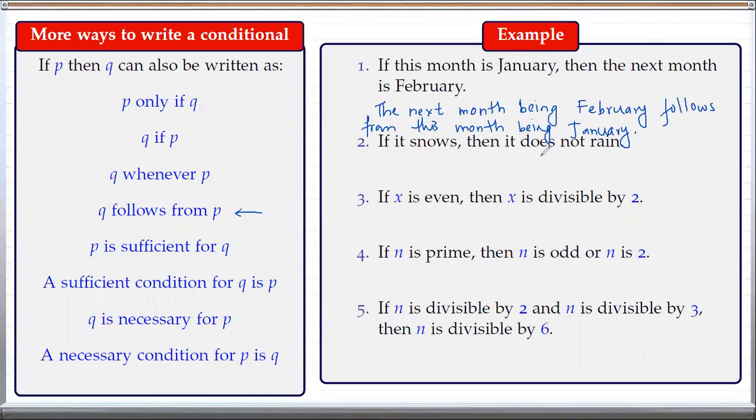Or you can write it slightly differently so that it makes more sense. Maybe we can say something like the fact that the next month is February follows from the fact that this month is January. Maybe I can write down what I just said.